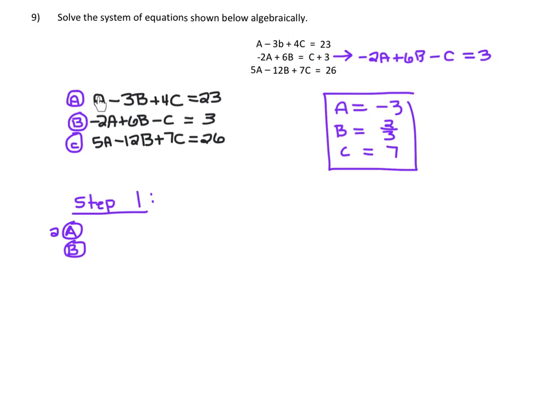So 2 times A is 2A. 2 times -3b is -6b. 2 times 4c is 8c. And then 2 times 23 is 46. And I said I'm going to leave equation B alone.